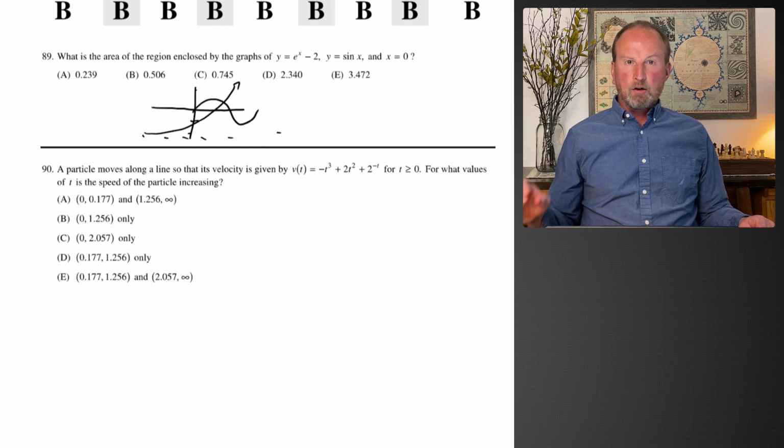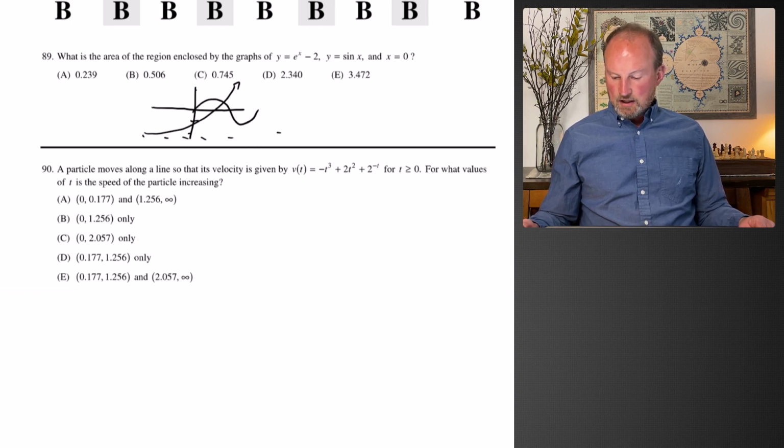Okay, now we have largest value of sine, so I want to integrate. So we go menu, number 4, number 3, integrating from 0, jump up here, grab that thing, stick it in, and I'm integrating sine of x.